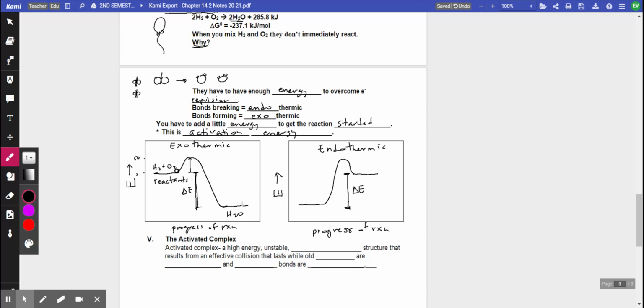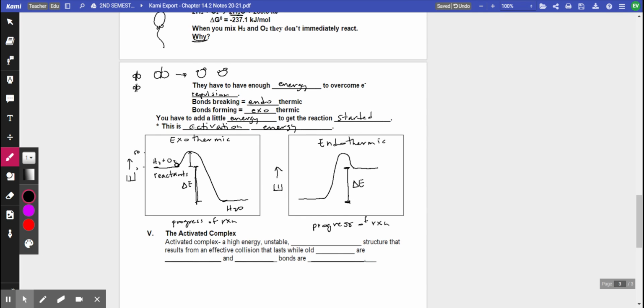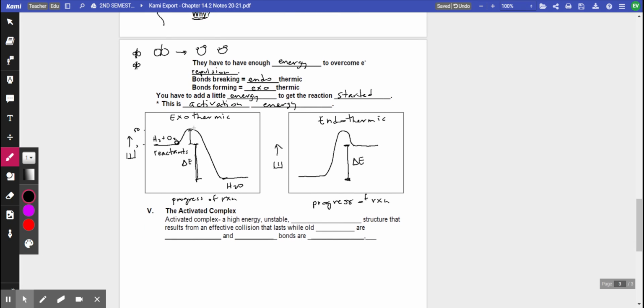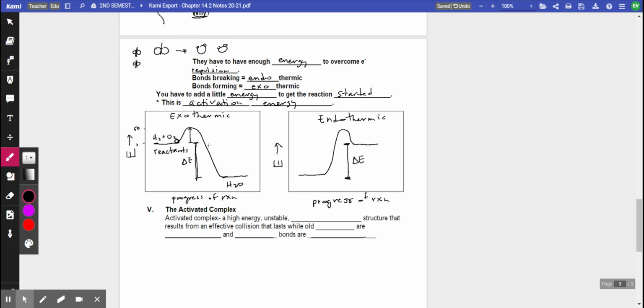Right? The activated complex is this strange, high energy, unstable, transitional structure that results from an effective collision.